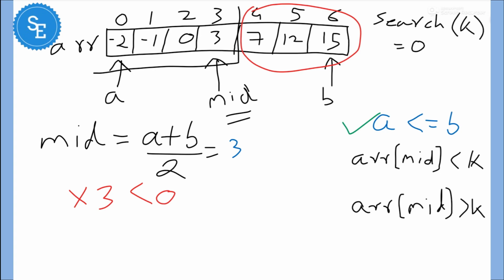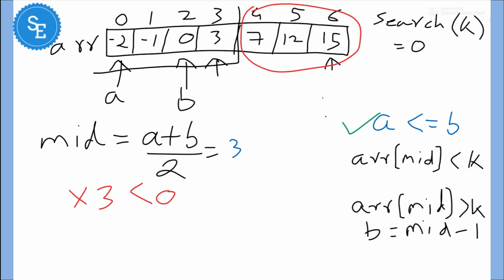Since 3 is greater than 0, we will change the last index, and b should be equal to mid minus 1. That's the simple logic. So this is the new b that we get.